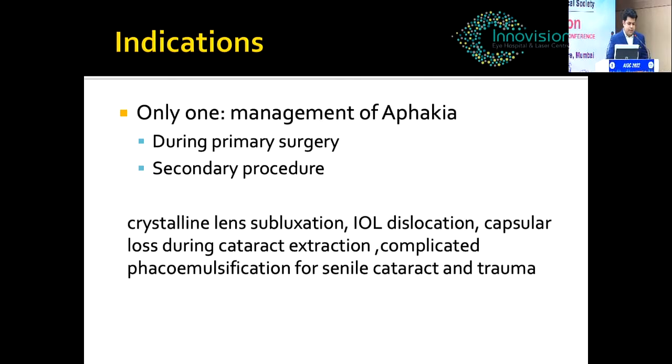Now, what are the indications for a secondary IOL? When we see management of aphakia, it can be during a primary surgery or it can be during a secondary surgery. I just noted down certain points like crystalline lens subluxation, IOL dislocation, capsular loss during cataract surgery, or any complicated phaco for senile cataract can be some of the causes for a secondary IOL.